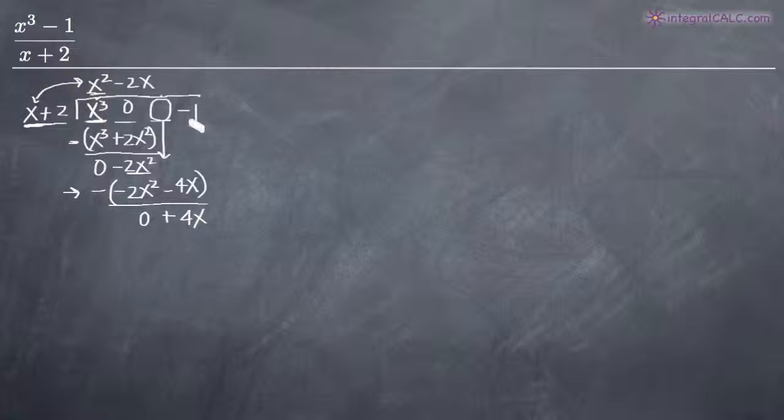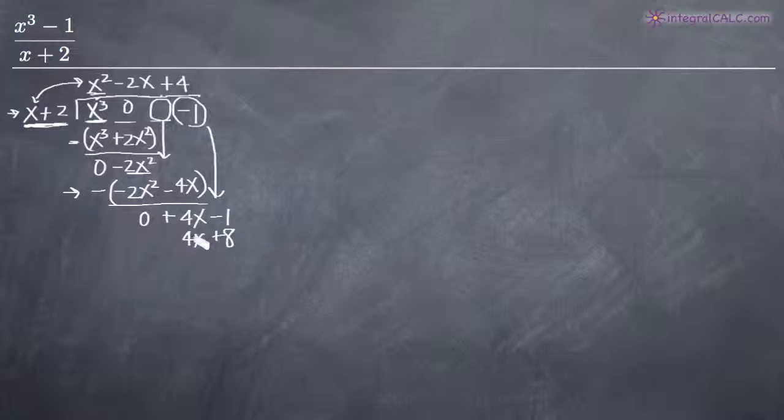Now we carry down the next term, which is a negative 1. That comes down here, so we get negative 1. And now we want to figure out what to multiply by x in order to get positive 4x. Of course, that's just 4. So now we multiply 4 all the way through this x plus 2 here, and when we do that, we get 4x plus 8.